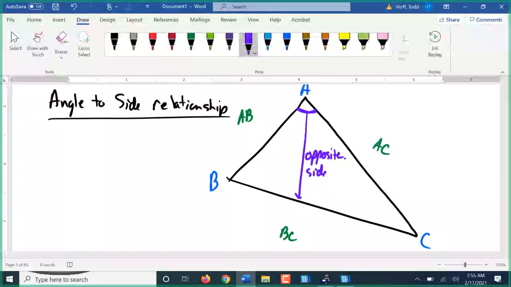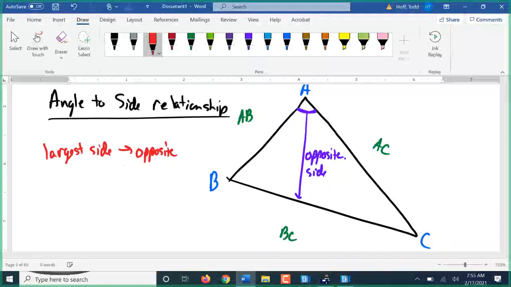In a triangle, the largest side is opposite the largest angle. And vice versa. The largest angle is opposite the largest side.